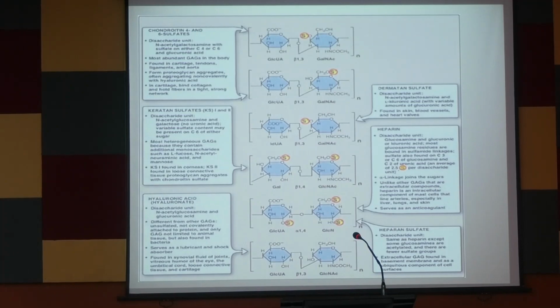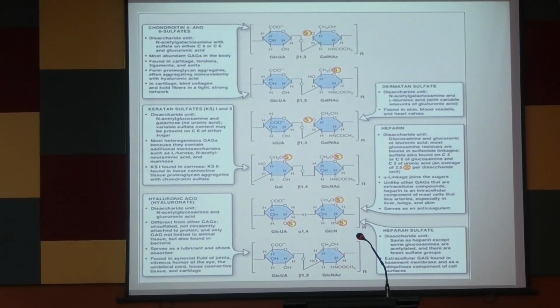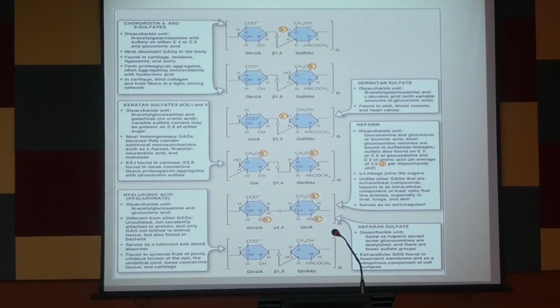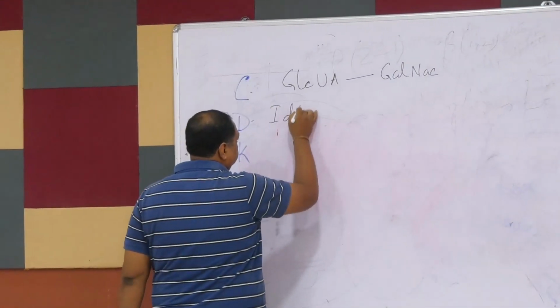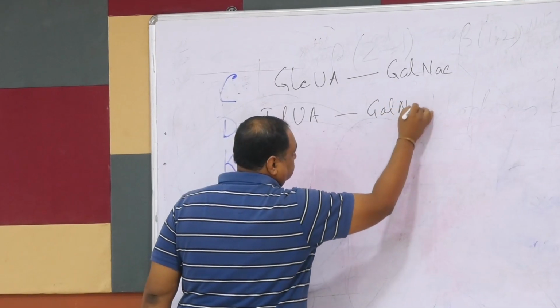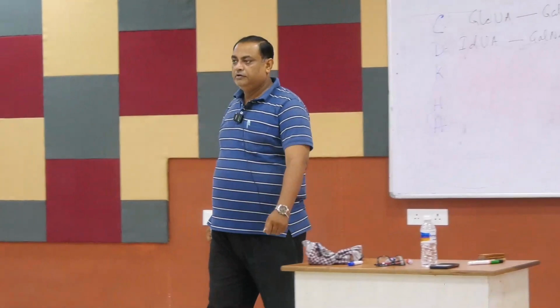Now, is there anybody who can tell what is the structural difference between glucuronic acid and iduronic acid? The right side remains same, the left side changes from glucuronic acid to iduronic acid.